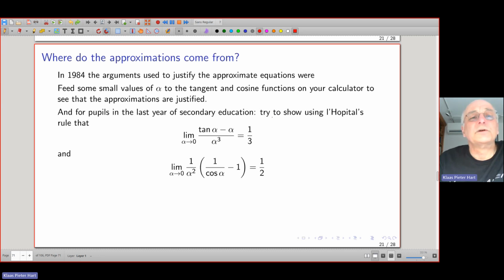The other thing you can do, and that would work for pupils in the last year of secondary education, they learned L'Hopital's rule, and then you can actually prove that those limits that you see here are 1/3 and 1/2 respectively, and they will tell you, yes, tangent alpha minus alpha is roughly 1/3 alpha cubed, and the same for the other expression.